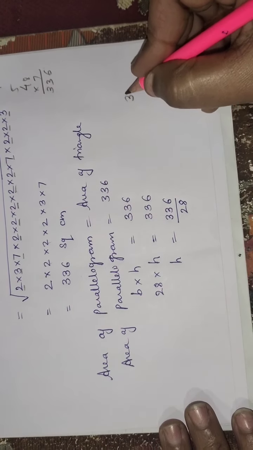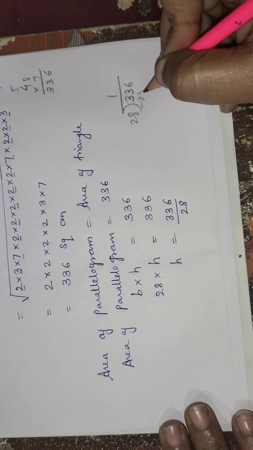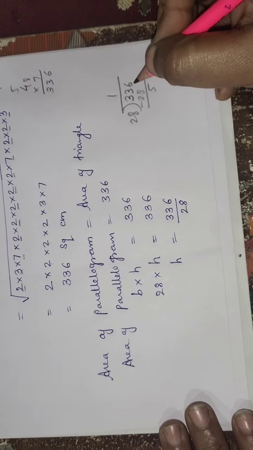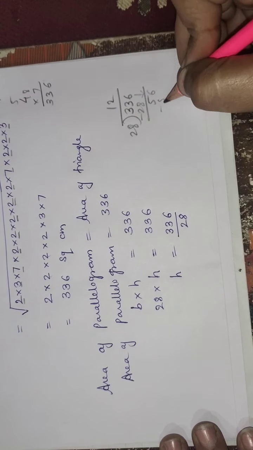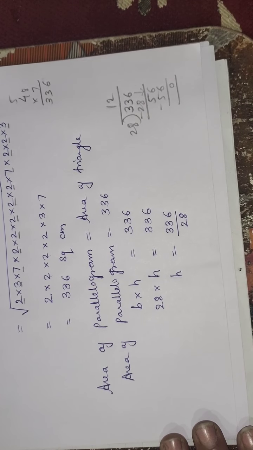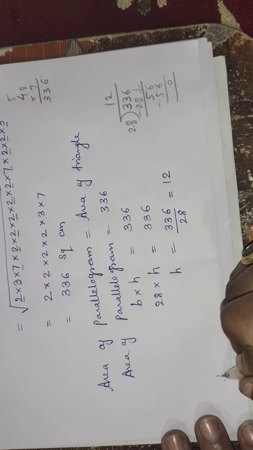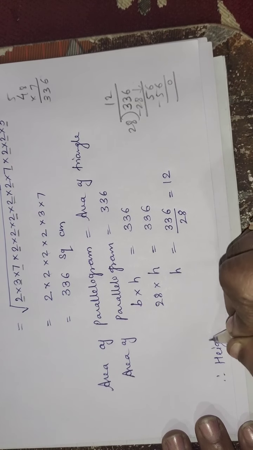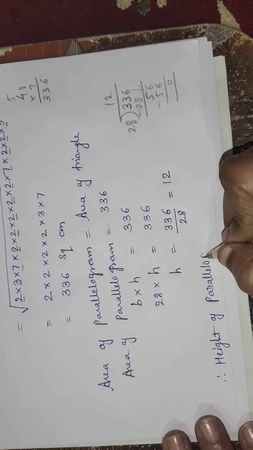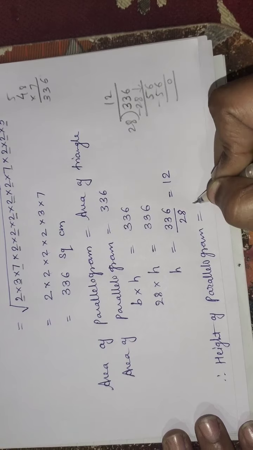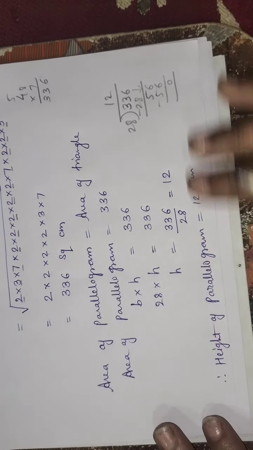Divide 336 by 28: 28 ones are 28, the 6 comes down, so 56, and 28 twos are 56. So when we divide 336 by 28, the answer is 12. Therefore, the height of the parallelogram is equal to 12 centimeter. And in this way we can solve this question.